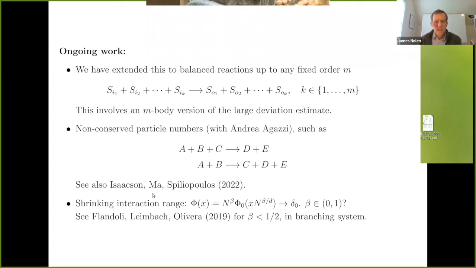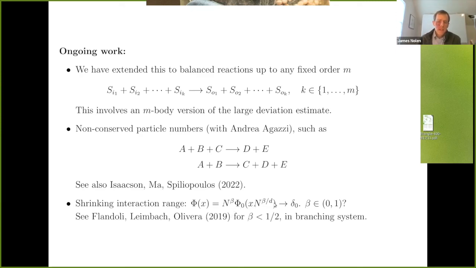Another interesting issue that we'd like to better understand is the interaction range. I said phi is in L infinity. You would expect that if you shrink phi in a certain way, maybe you could recover the local reaction diffusion limits. But there's a critical scale. If you shrink phi too fast, if the kernel concentrates too fast, then you don't see any of the reactions in the limit.